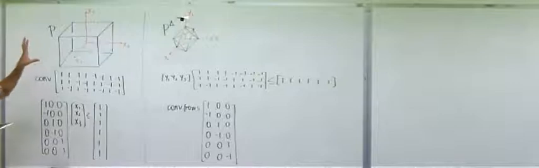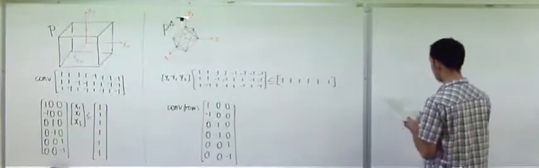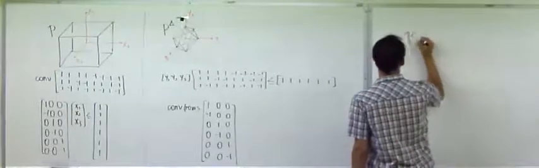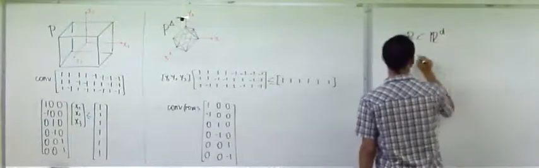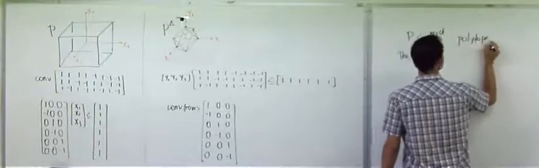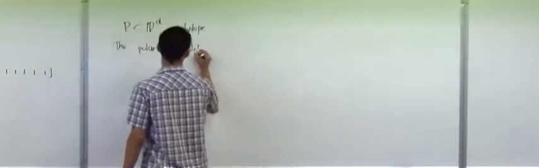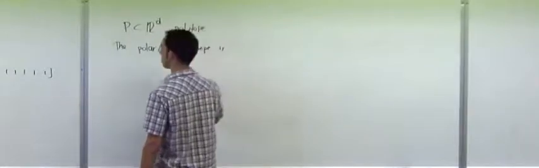Let's go back to the discussion between a polytope and its polar polytope or its dual polytope. Okay. So maybe I'll just write the definition that if we have a polytope P in R^d, then the polar or the dual polytope is denoted like this.